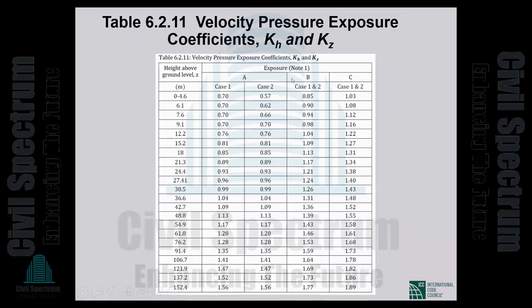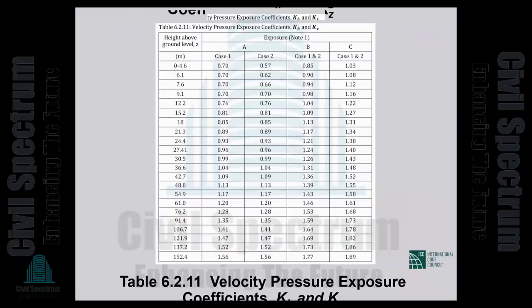So this is exposure A, this is B, this is C. Case 1 and case 2, one is for main wind force resisting system, one is for components and cladding. For exposure B and C, there is no difference between main wind force and component and cladding. But for exposure category A, there is a difference between main wind force resisting system and components and cladding, only up to height of 15.2 meters. After that, the numbers are all the same. So this is K sub H, K sub Z.